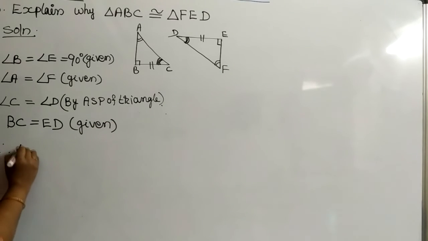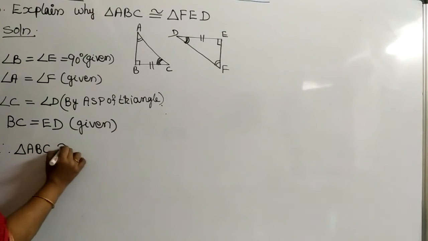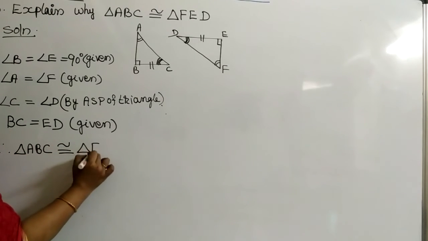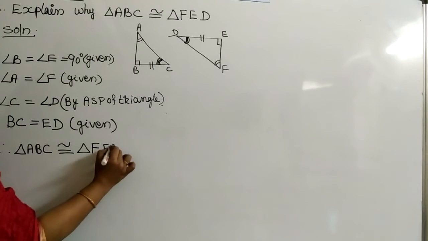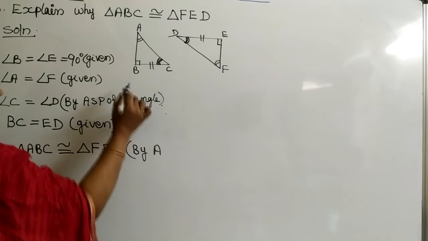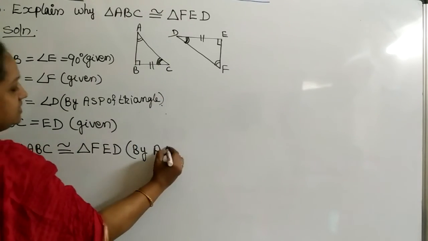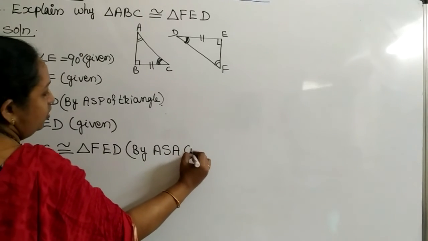Therefore, triangle ABC congruent to triangle FED by, now we are applying ASA, two angles and included side, ASA congruence rule.